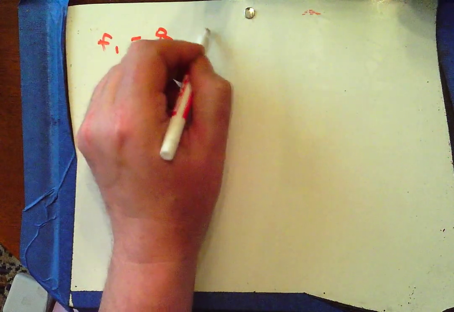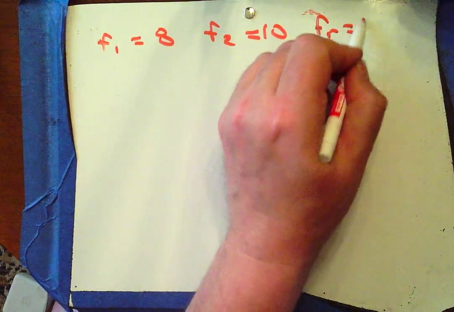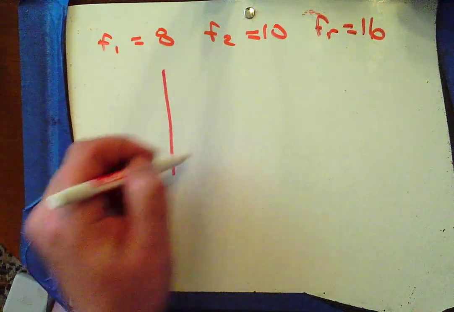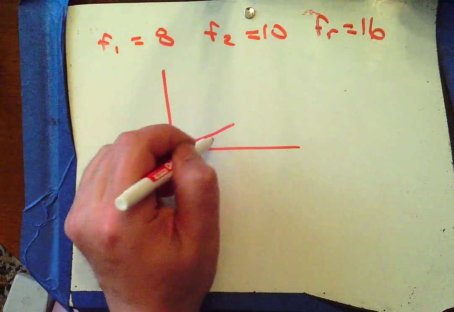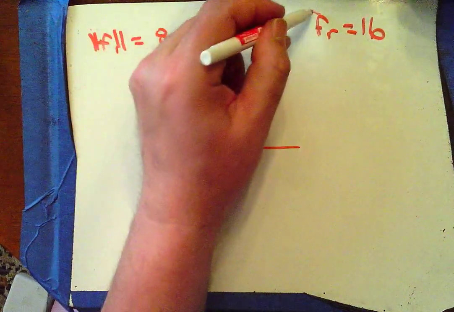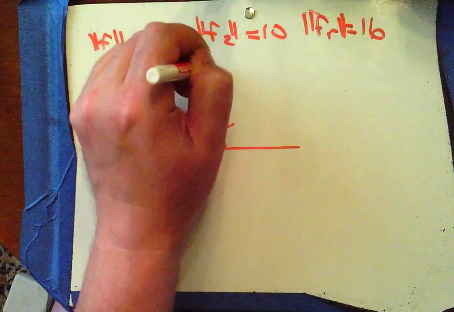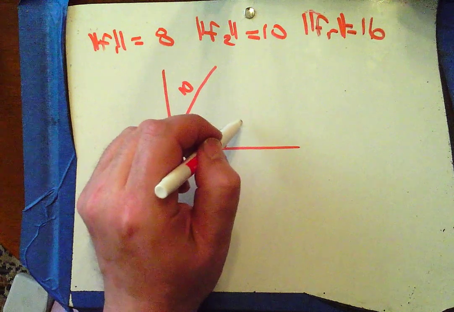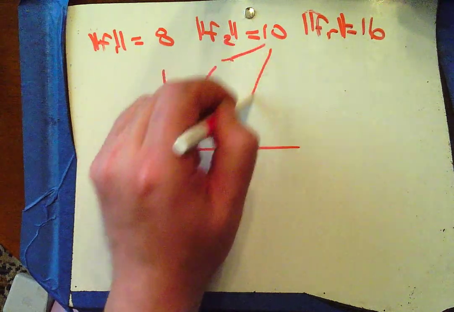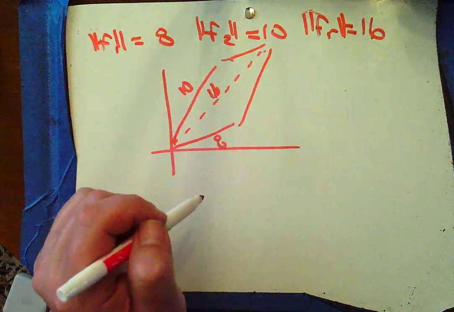Let's try another one. Let's say force 1 equals 8, force 2 equals 10, and force resultant is 16. So I start by thinking about the magnitudes. These are all magnitudes. I've got 8, I've got 10, and then I add those vectors together, and I get this resultant vector whose magnitude is 16.